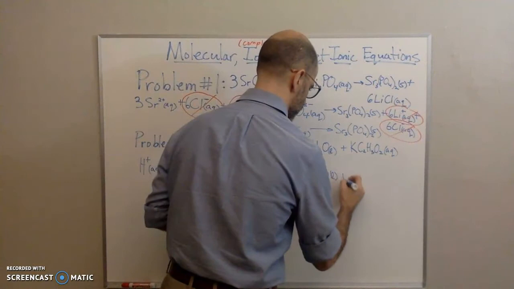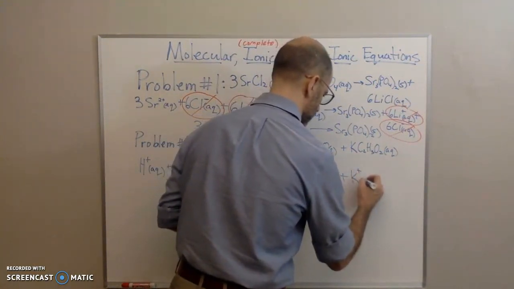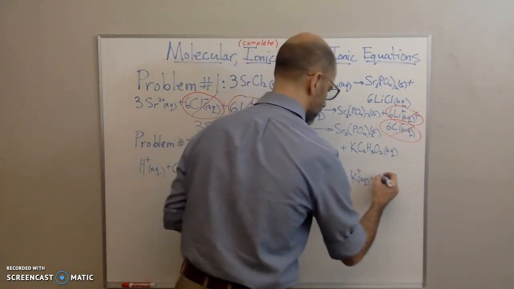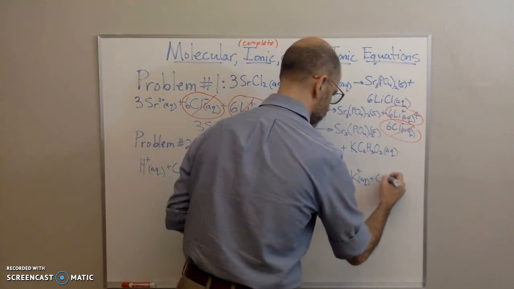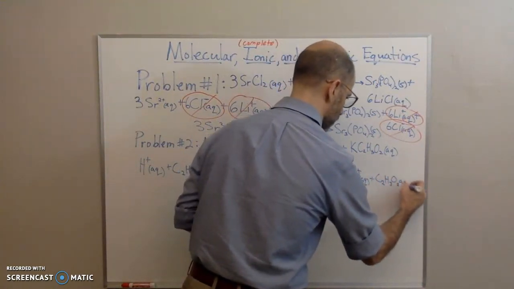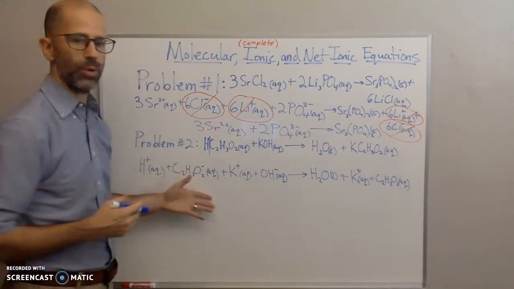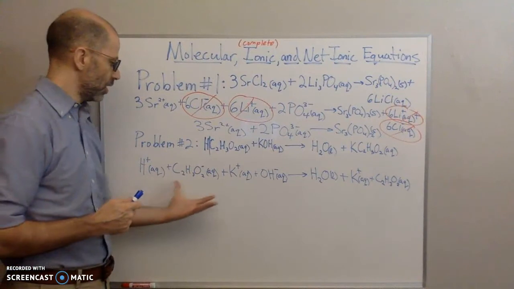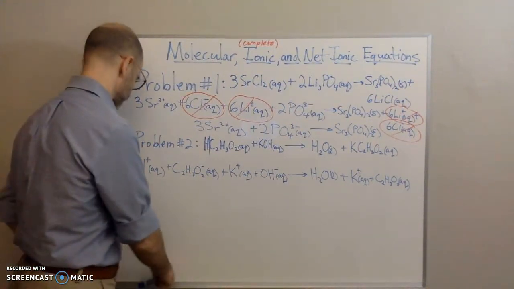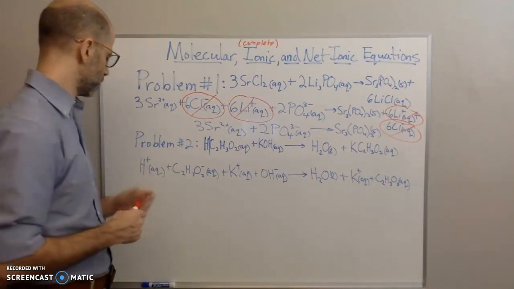And then here we have aqueous. That is a salt, an ionic substance. So that's going to be K+ aqueous plus the acetate ion, C2H3O2- aqueous. And so here we have our complete ionic equation once again. And then next we have to identify the spectator ions and remove them.